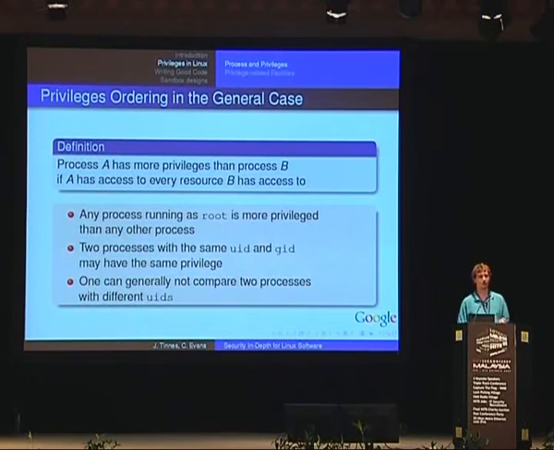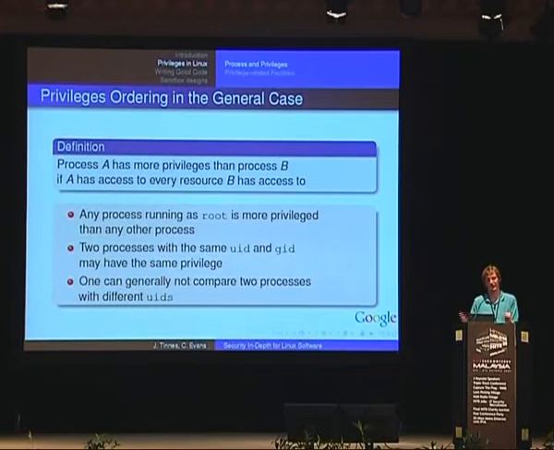So privilege ordering can be important, but usually it's something hard to do. We'll define privilege ordering by saying process A has more privileges than process B if A has access to every resource B has access to. From this definition, we can say that any process running as root is more privileged than any other process because it can do everything on the system.